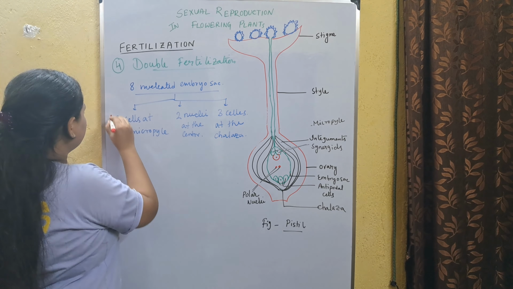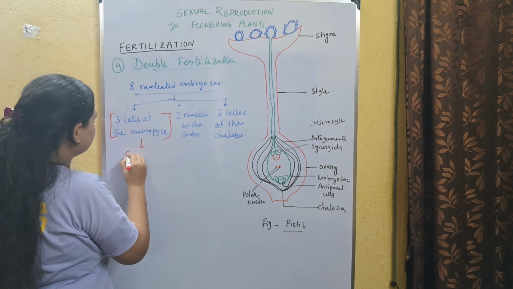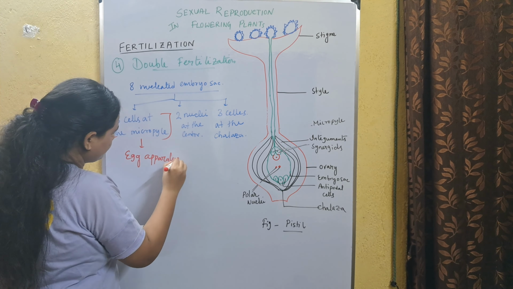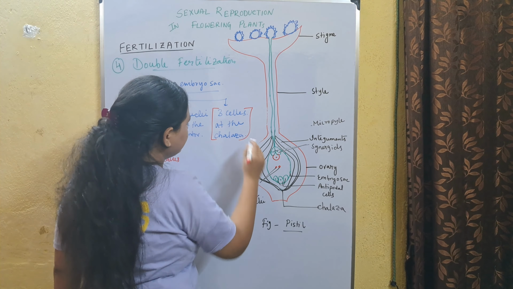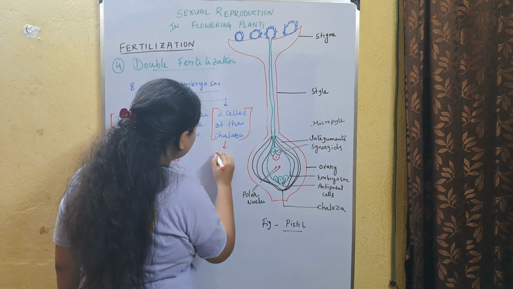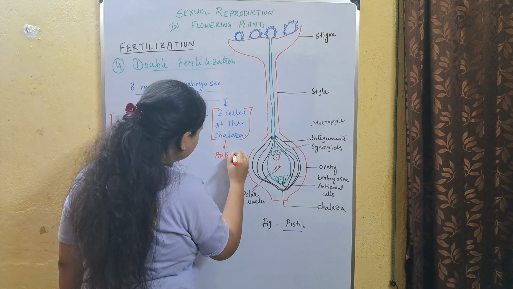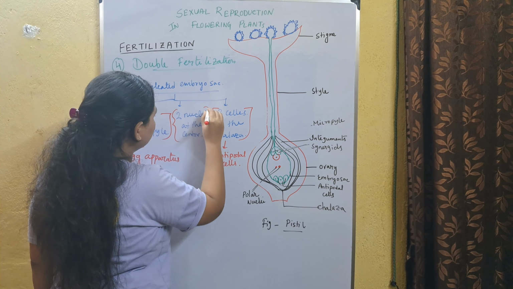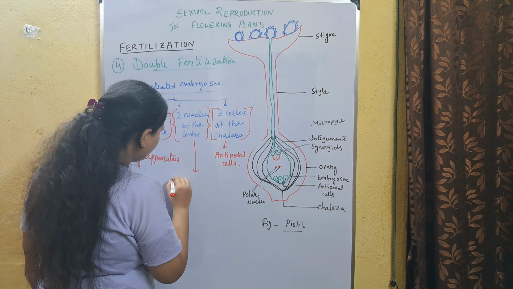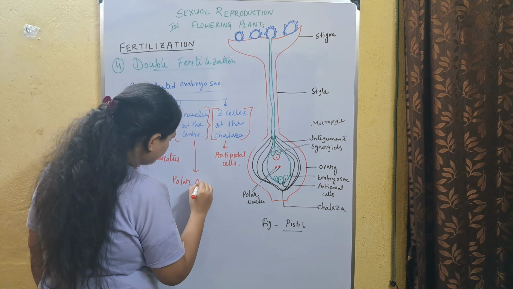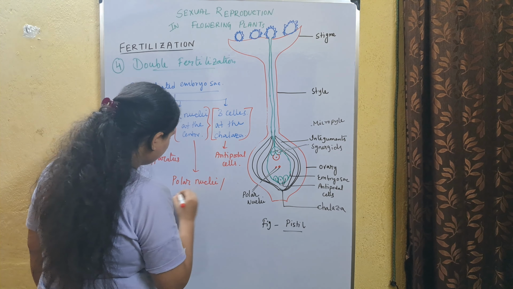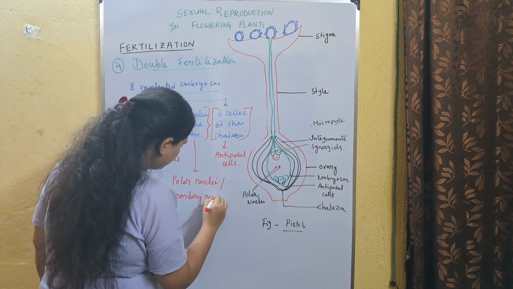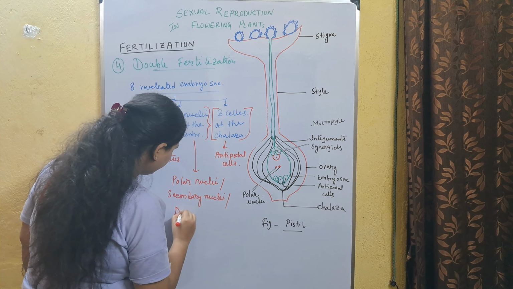These three cells at the micropyle are known as the egg apparatus. These three cells at the antipodal region are known as antipodal cells. And these two nuclei are known as polar nuclei or secondary nuclei or definitive nuclei.